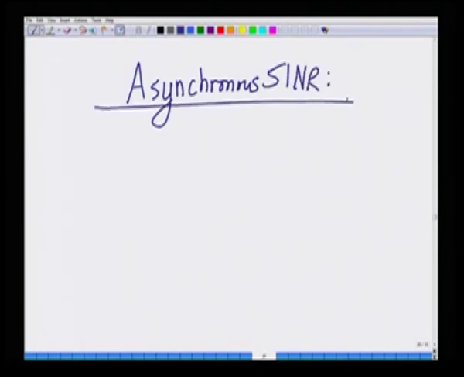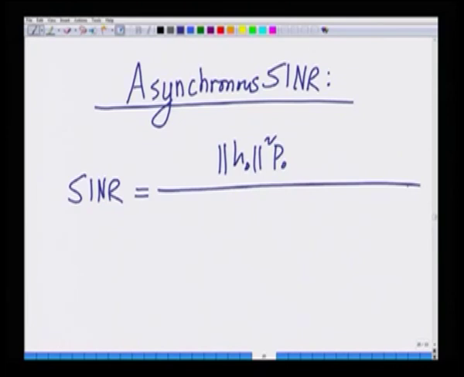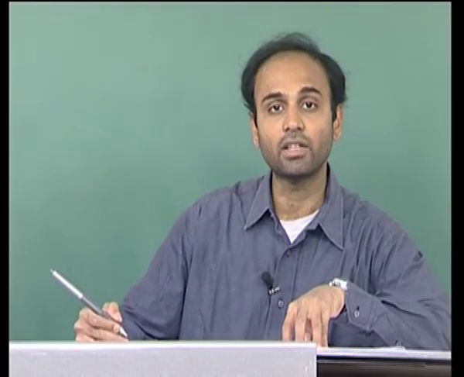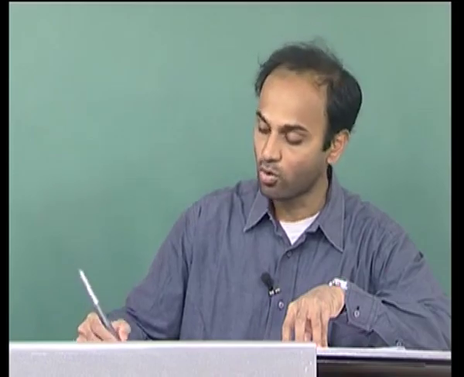The asynchronous SINR is given as SINR equals, or let me write down the complete expression, norm h naught square p0 over, now remember we had sigma n squared over n, that remains, except wherever we had the multi-user interference, that gets replaced, the 1 over n gets replaced with the factor 2 over 3n.